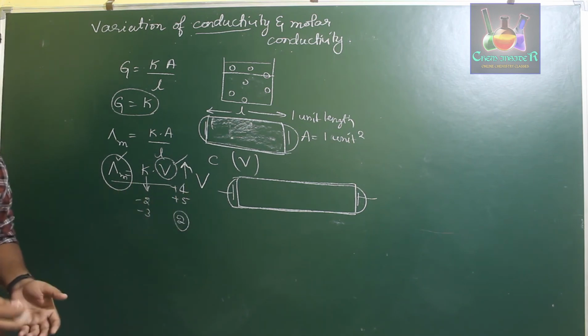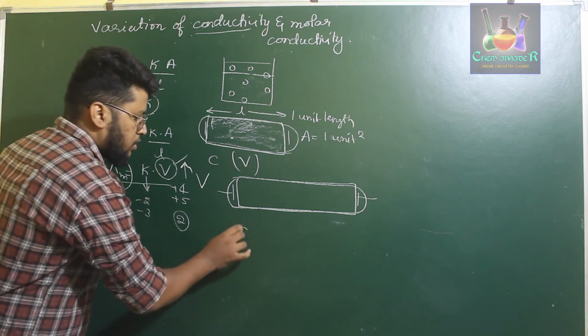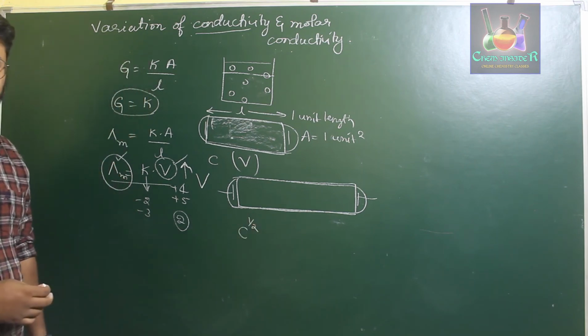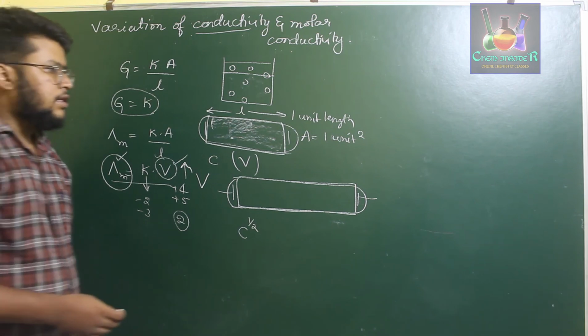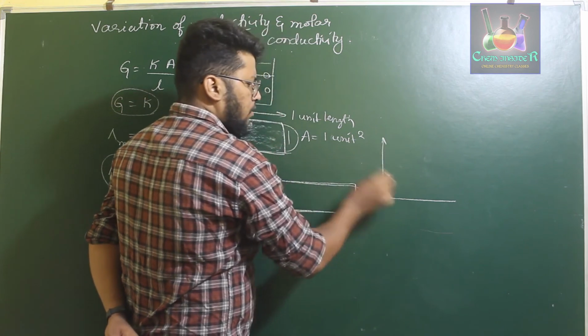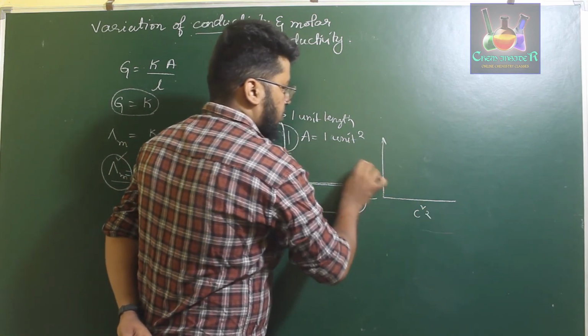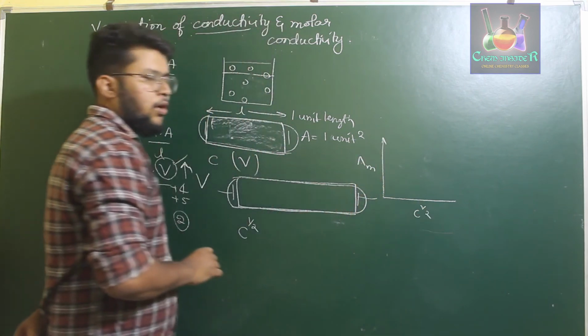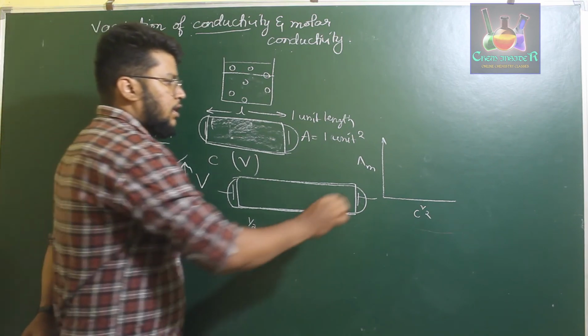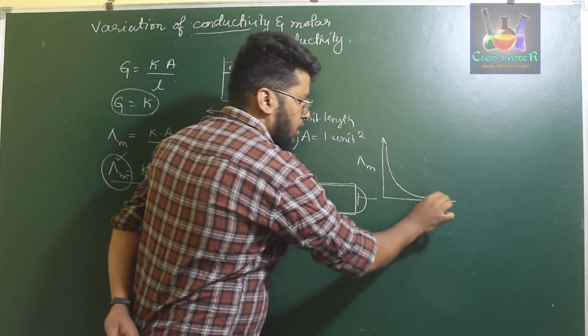So how to decrease the concentration? The concentration always decreases in the square roots. When you consider a solution, let us say you plot a graph of concentration versus lambda m. What we observe is it decreases exponentially.